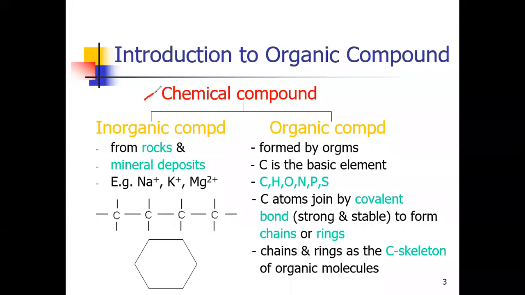Now, all chemical compounds on Earth can be divided into two types. The first one is the inorganic compound, and the second one is the organic compound.